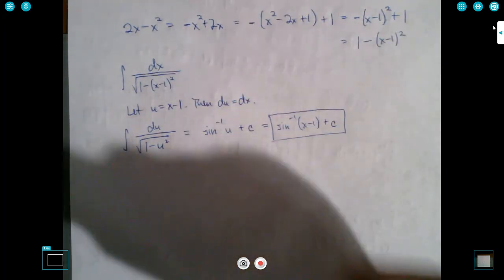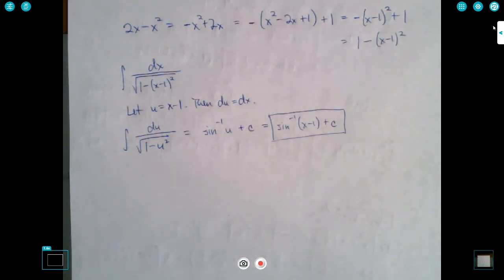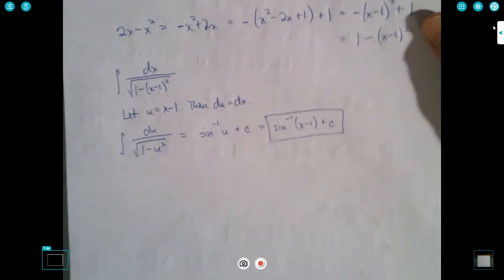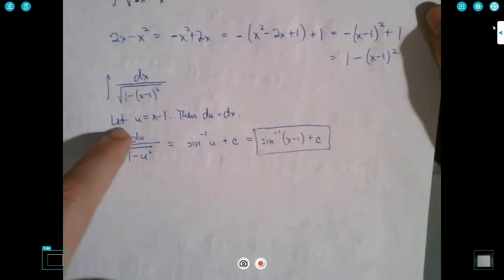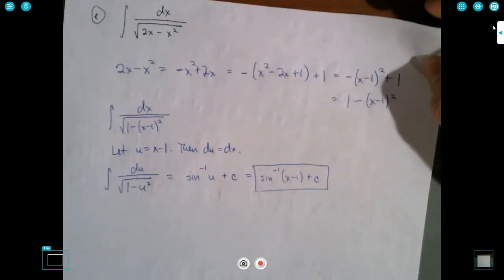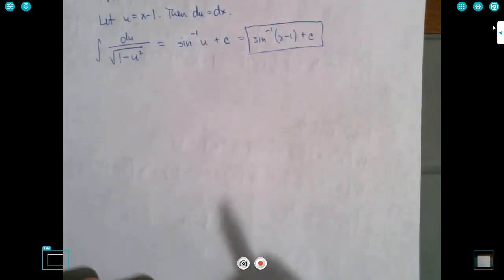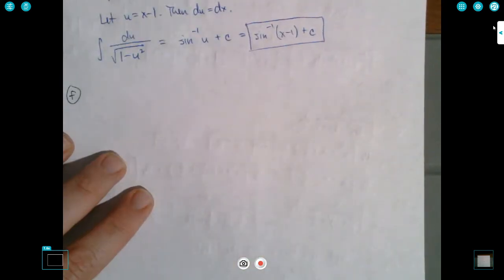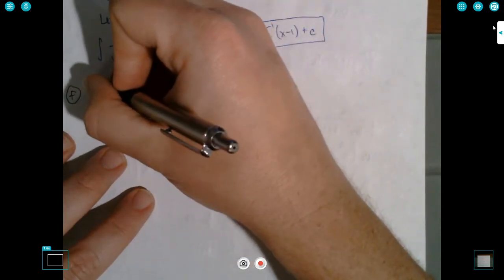So that didn't quite show you what I intended. I did a completing the square, but I intended to do a trig substitution in conjunction with completing the square and a u substitution. This was supposed to be my kitchen sink example. But let's look at the next one. I have one more example, and maybe this one will be more like the example that I was intending to show.